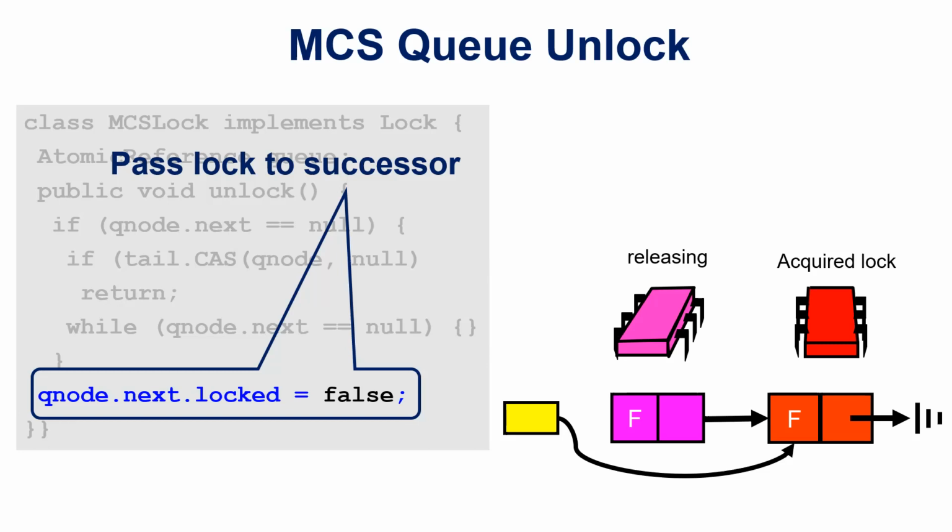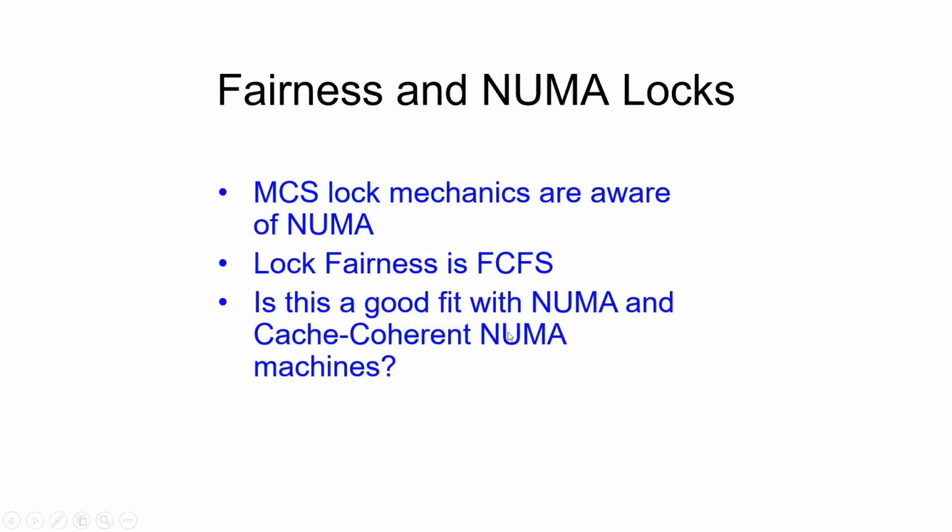Right. Now, if you look at the MCS lock, it provides fairness, in the sense that whichever thread comes first will acquire the lock first. Lock fairness is FCFS, and MCS lock is a NUMA aware lock.